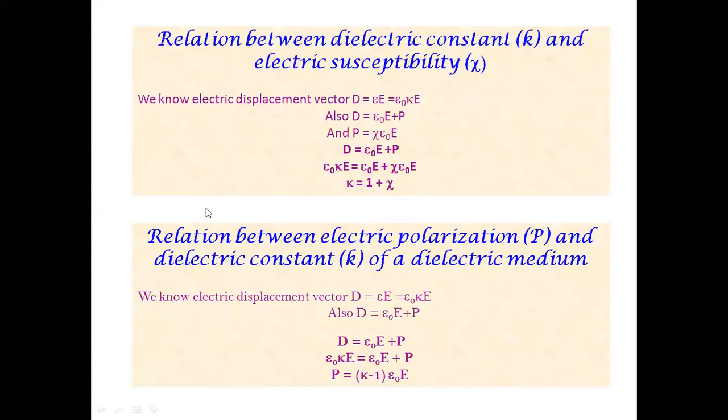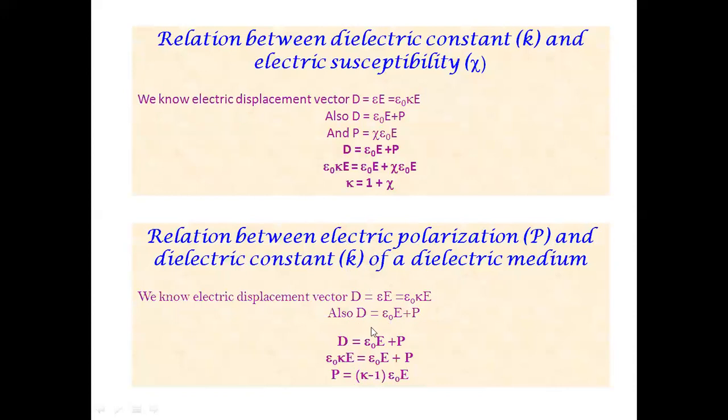Now, the relation between electric polarization and the dielectric constant of a dielectric medium. Already we know that D, that means electric displacement, is equal to epsilon 0 K into E, and this is the well-known equation, that is D is equal to epsilon 0 E plus P. In this relation, we have to relate P and the dielectric constant, that means electric polarization and the dielectric constant.